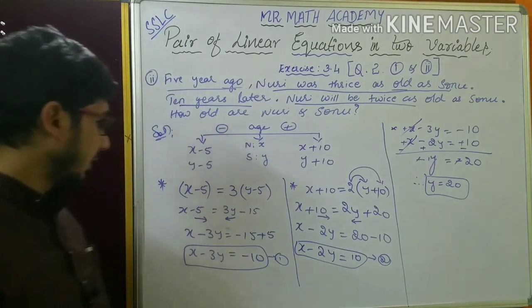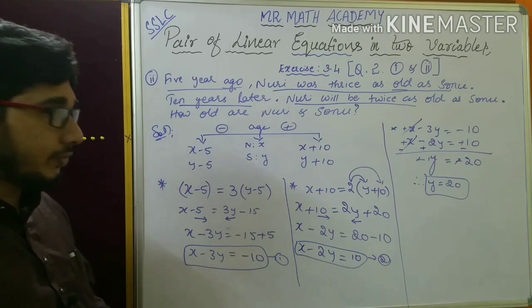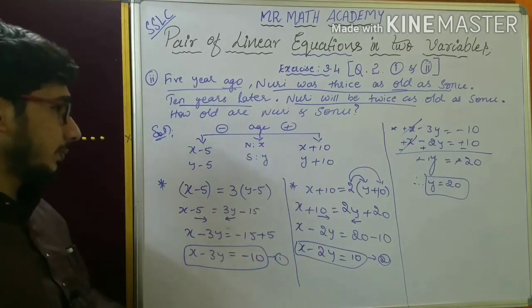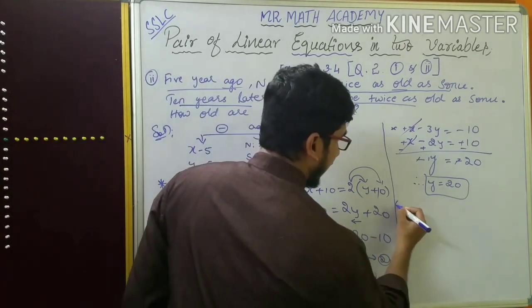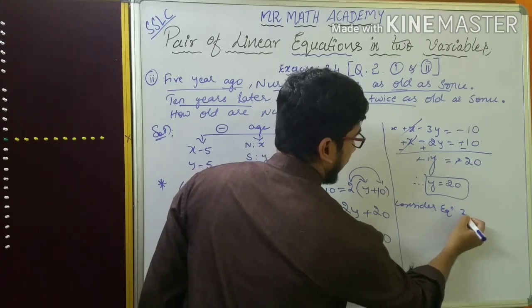Substitute this 20 in any one of these equations so that you will get the value of x. y is equal to 20. Which one is easy? So I'll take this equation, equation 2.